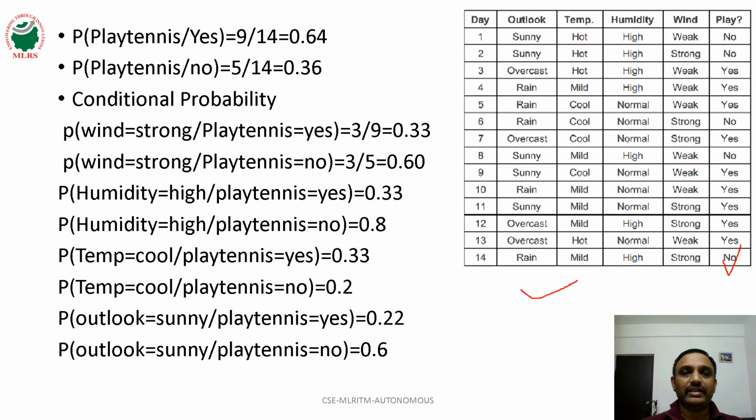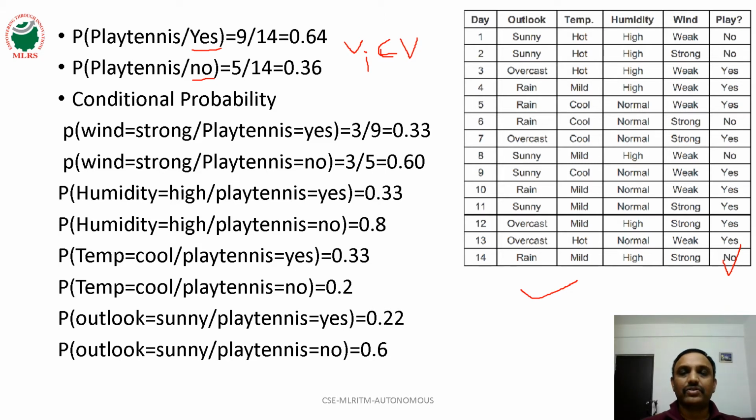So Vj belongs to capital V, which is the set of all possible target output values. Here the possible values are yes or no, so we calculate the probability of yes and the probability of no. How to take that?